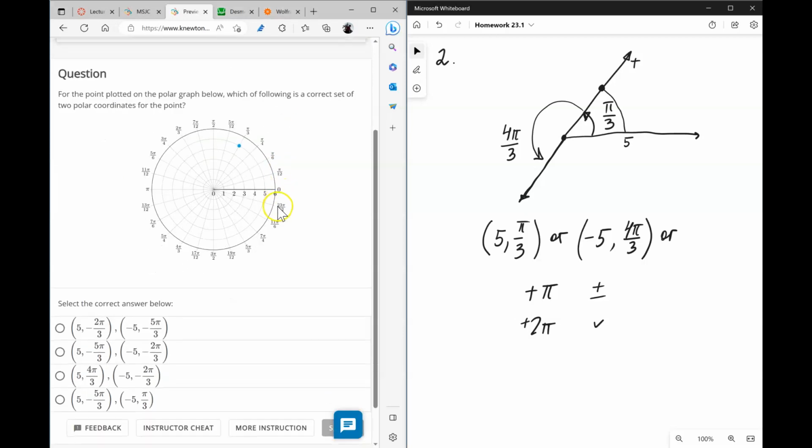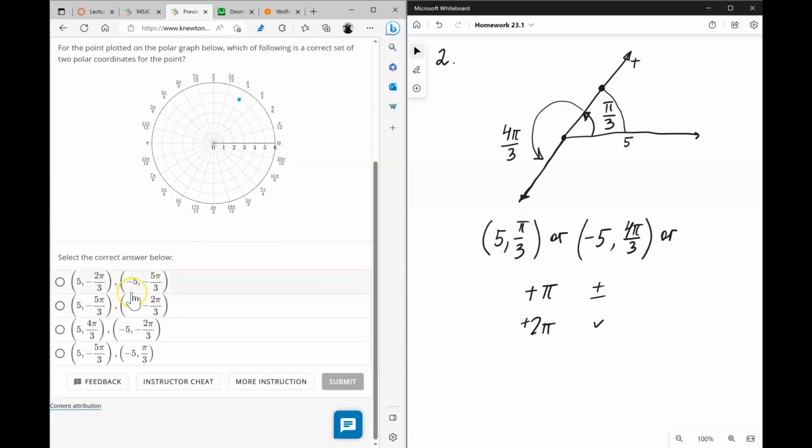It's good the way it is. So choosing the right answer, I guess none of them matches. So hold on, 4 pi over 3, that doesn't work. So right here, pi over 3, not this one.